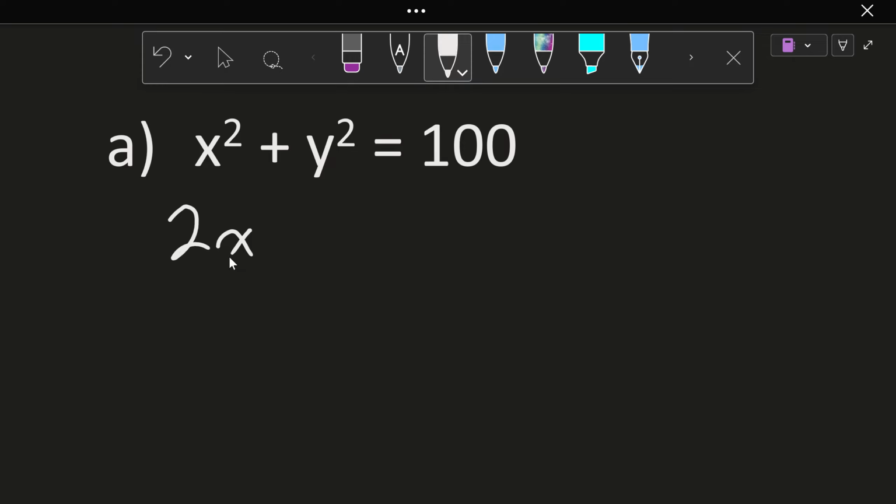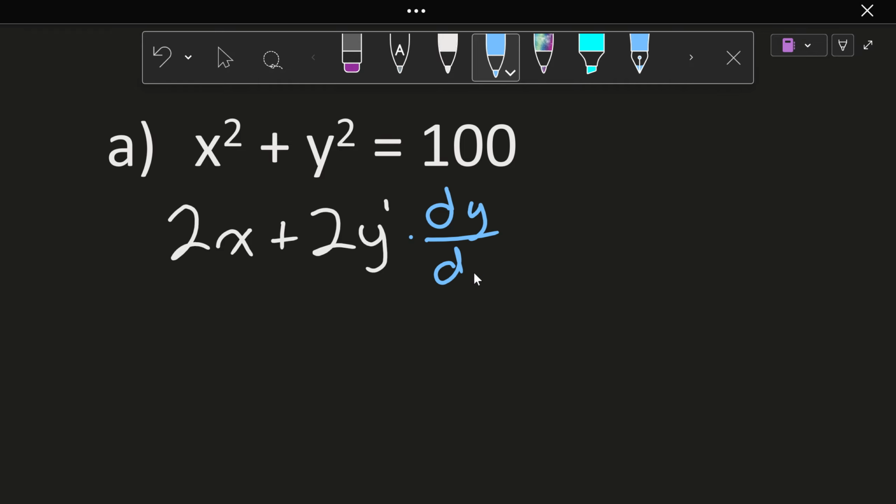Then we're going to use the chain rule on the y squared. So we're going to have the plus, we bring the 2 down, we leave the y, we subtract 1 from the exponent, but then the new thing that we're going to be doing is multiplying that by dy by dx. Treat that y like it's a bracket. There's brackets around that y.